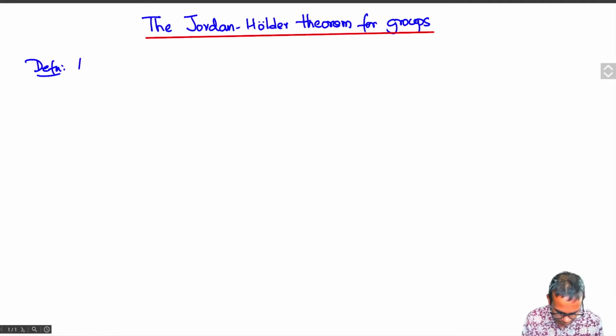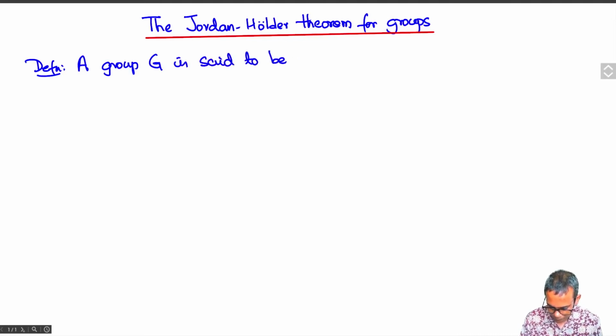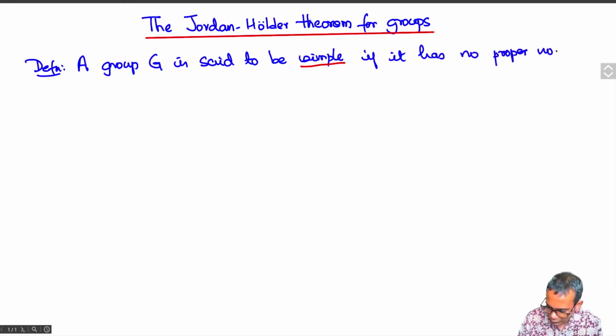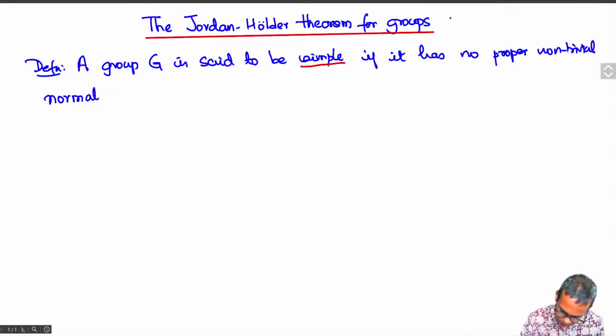So a group is said to be simple if it has no proper non-trivial, where the trivial group is just the group with only the identity element, no proper non-trivial, and the most important word here is normal subgroups.